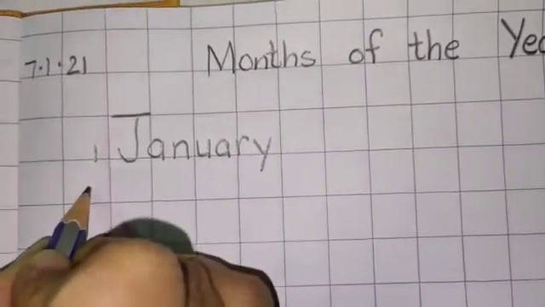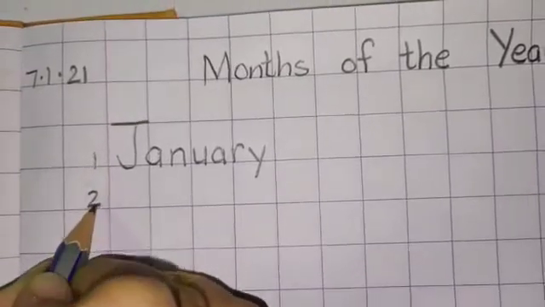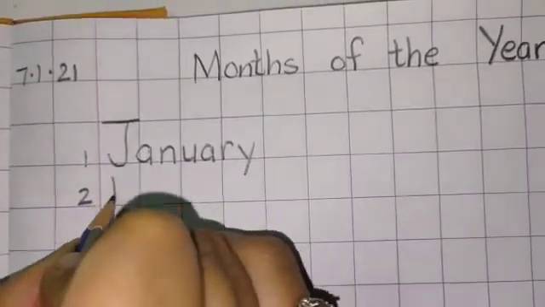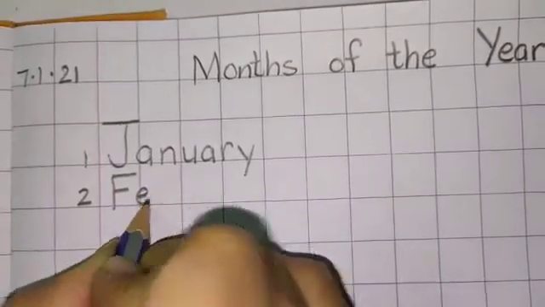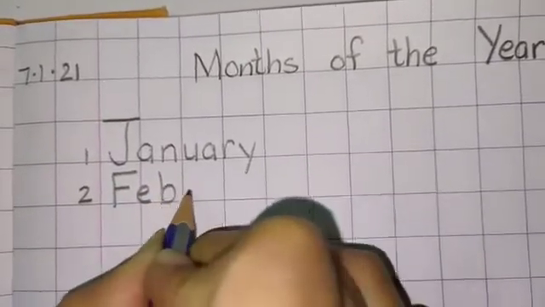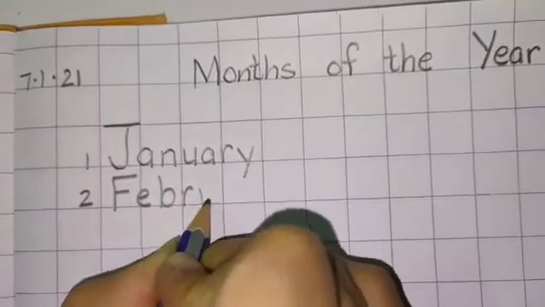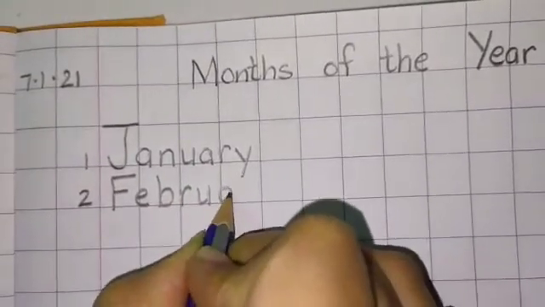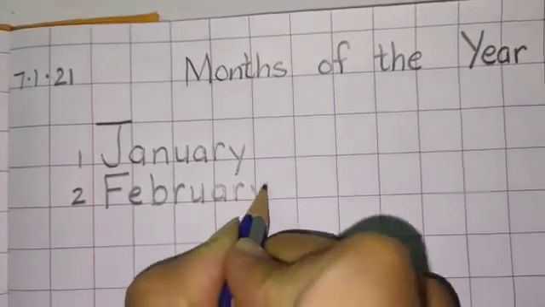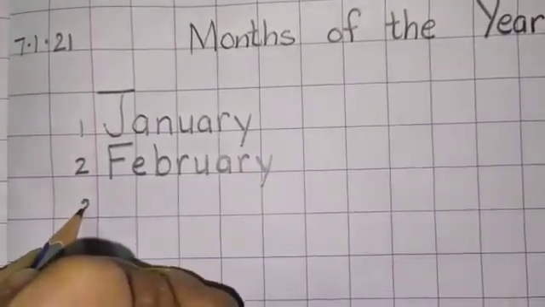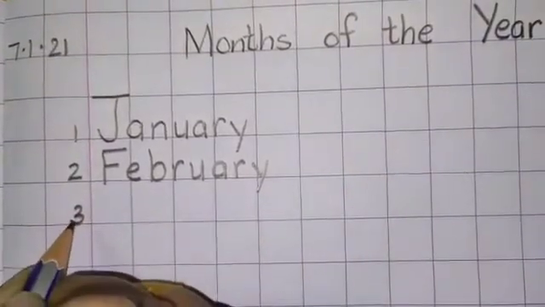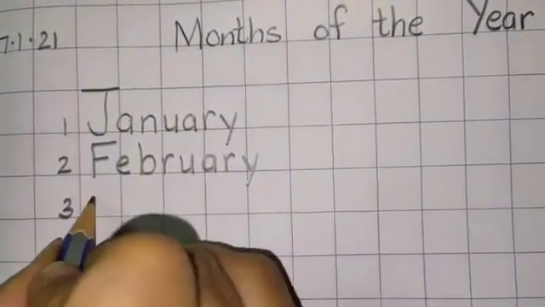Then we will write 2, second month of the year. Capital F E B R U A R Y, February. Then we will write number 3, that is third month of the year.